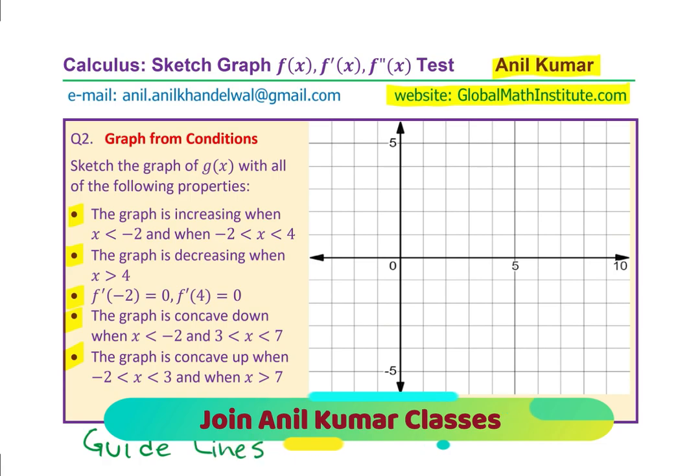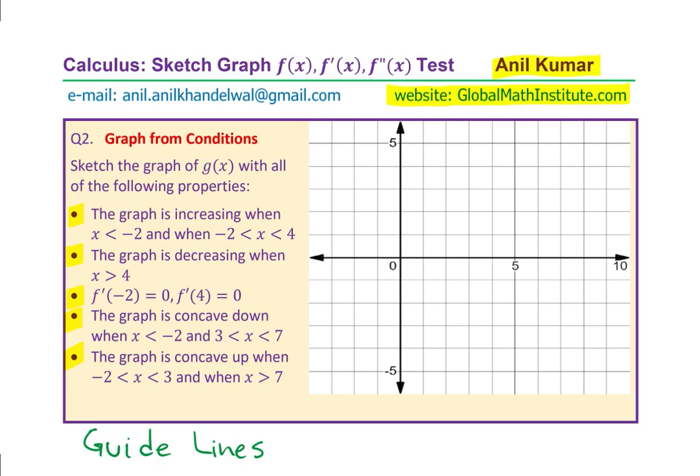So we should do some rough work before actually sketching the graph. When you read this question, you see some numbers coming up, which are minus 2, 4, 3 and 7. So let us draw these lines indicating the interest of these conditions, and then we'll sketch roughly the graph which could meet all these conditions.